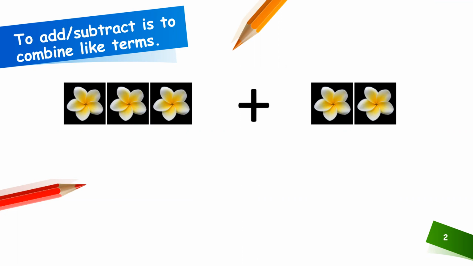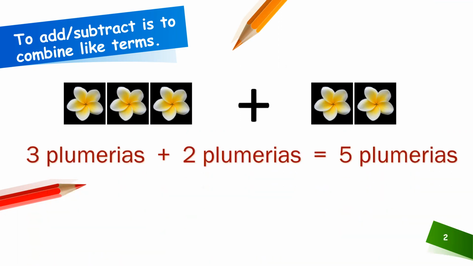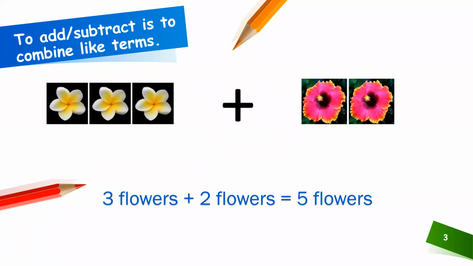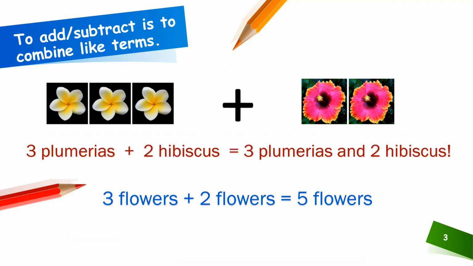For example, in this picture, you would see that if you have 3 plumerias plus 2 plumerias, you would have 5 plumerias, right? Now, but if you have 3 plumerias and 2 hibiscus, what are you going to get? 3 plumerias plus 2 hibiscus.